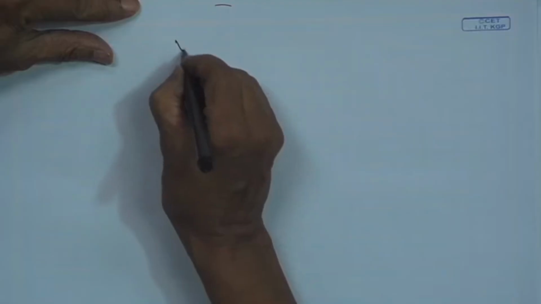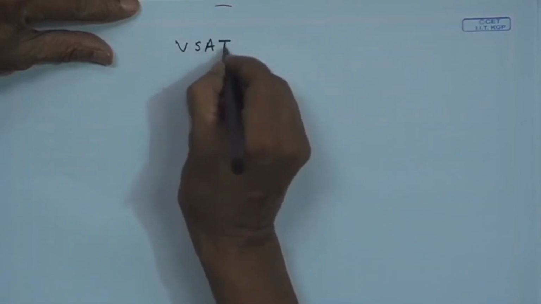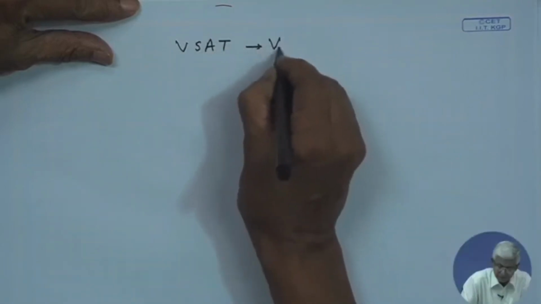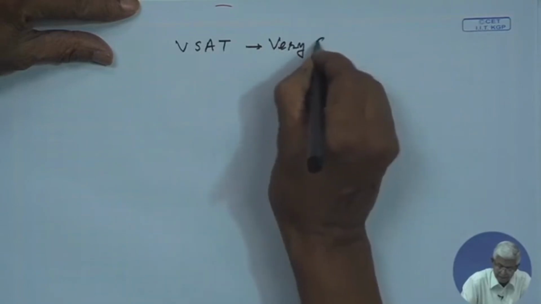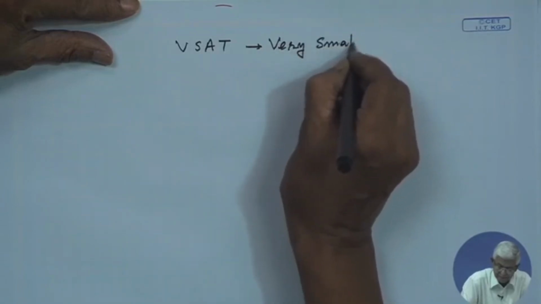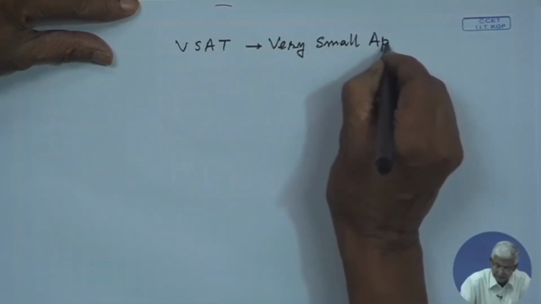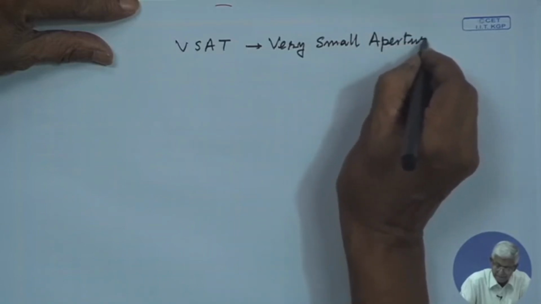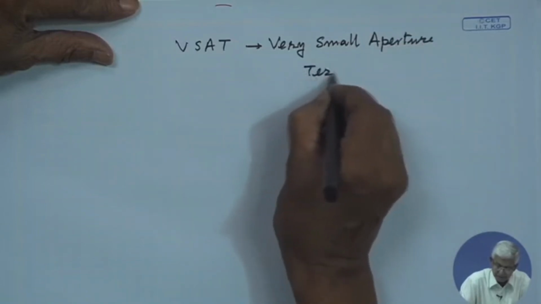Now one of the basic issues, let us go back: we said that there are VSATs. VSAT is called very small aperture terminal.